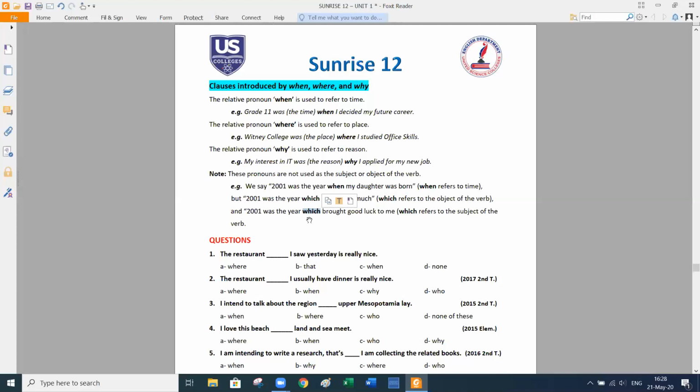So we cannot use when instead of which here, because it's not a time expression, it's not a time reference. It's the subject. In the second example, it's the object. And in the third example, it's the subject.